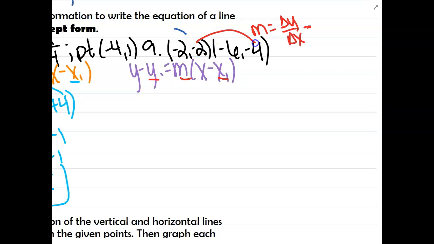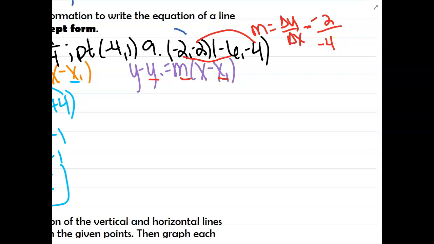So my change in y, from -2 to -4, what's that change? Yeah, -2 to -4 would be a -2. And then you're changing x from -2, move a little bit further to -6, -4.